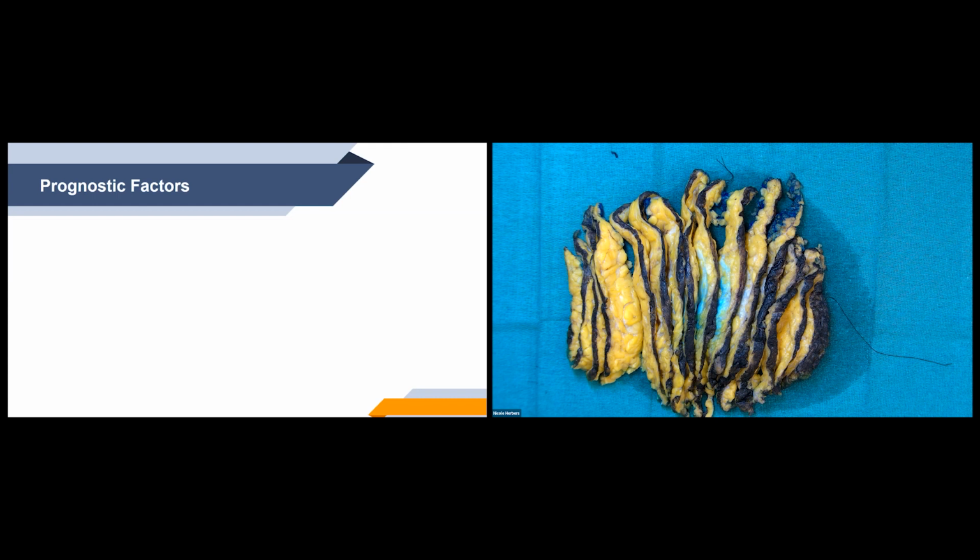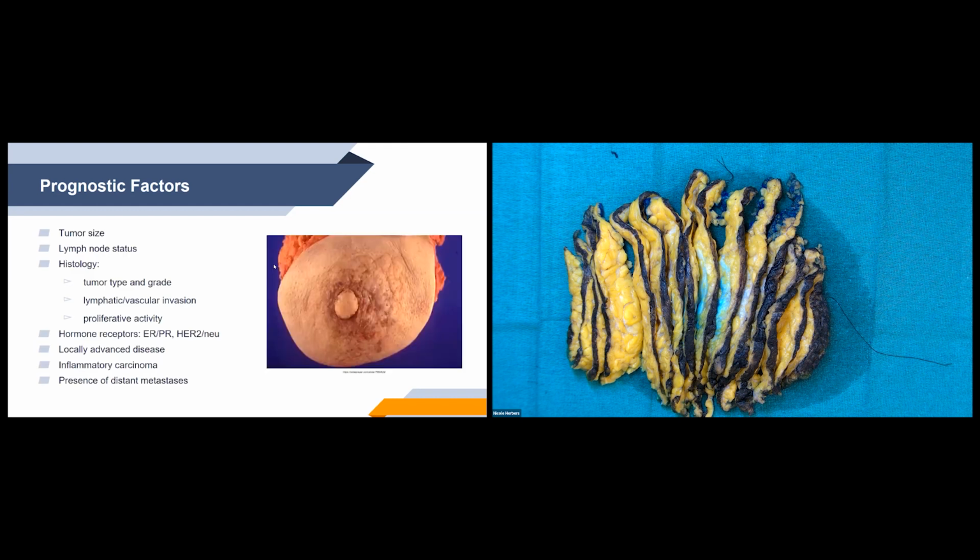And so we'll go through a couple other prognostic factors that can affect the outcomes. So for tumor size, that one's very important because increased size leads to an increased risk of axillary lymph node metastasis. Lymph node status, so axillary lymph node status is the most important prognostic factor for invasive cancer in the absence of distant metastasis.